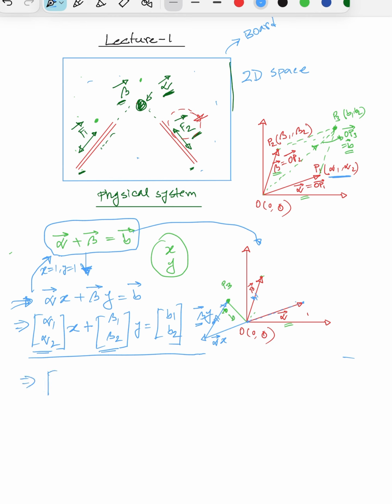The matrix form for this is going to be alpha 1, alpha 2, beta 1, beta 2, x, y, b1, b2. This is our coefficient matrix A, this is our decision matrix X, and this is our output matrix B. So this is our matrix form.